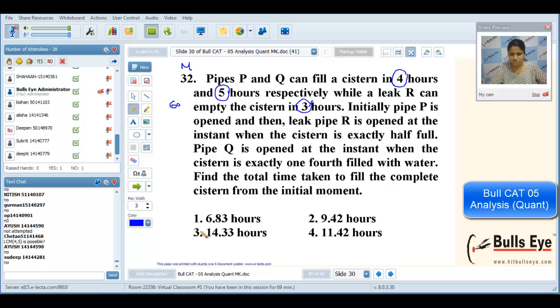Chetan, we could take 20, but if you want to avoid all the fractions, then you should take 3 as well. 20 will give you fraction. Okay, if you take 60 as the capacity, you fix your story here, it will be easy.